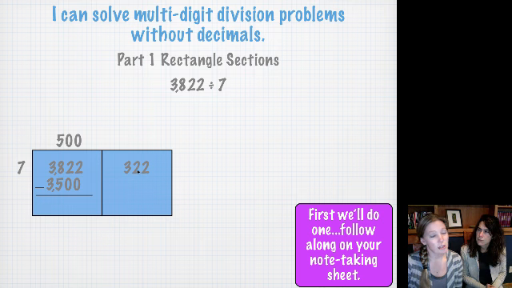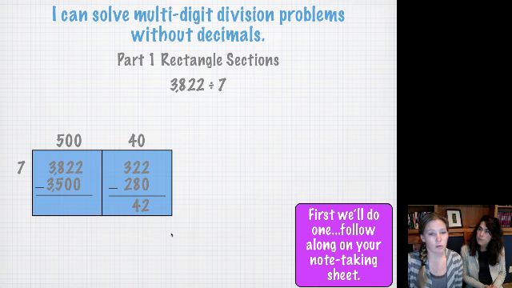Well, 7 doesn't go into 3, so I just automatically jumped into the next 2. So 7 times what gets me close to 32? And the answer is 4. And then again, I just add that 0 for that place value I ignored. So when I multiply 7 times 40, I get 280. And then again, same system, you subtract next, and you end up with 42.